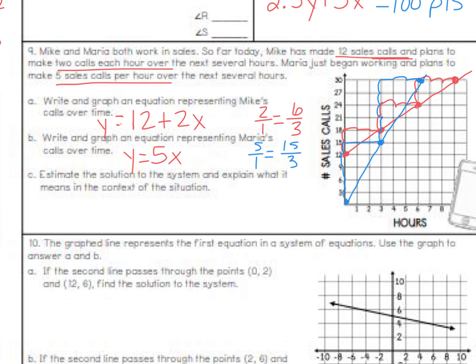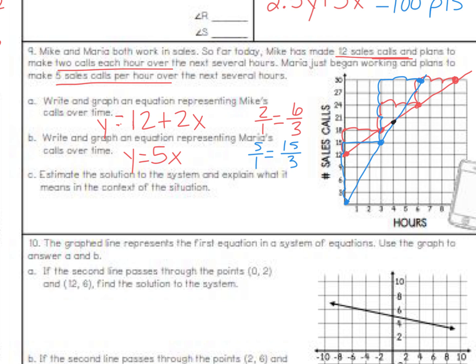So when we look at where they cross, it's about there. So I can draw my line. That's at about 4.5, or if you wanted it to be a little bit closer, let's use 4.